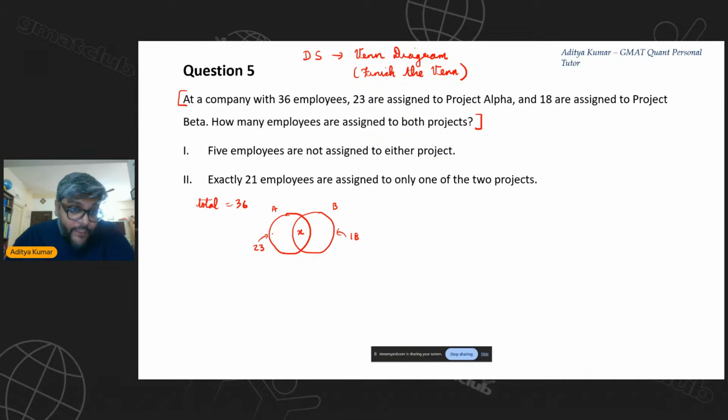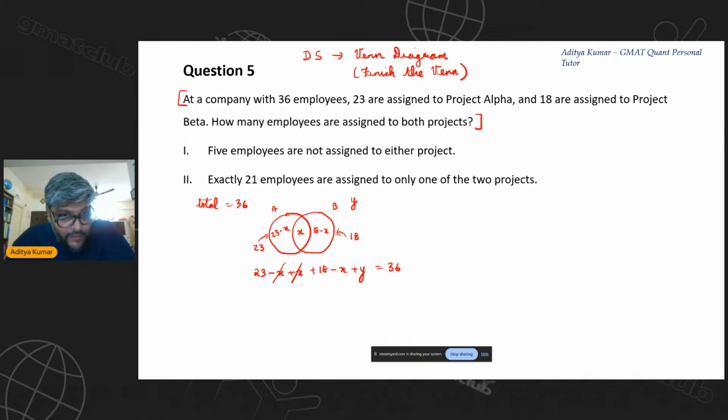So I would prefer to finish the Venn here. So 23 minus X, this is 18 minus X, and that's Y. And I know I can create an equation out of this. You see, I've not gone into my statements yet, because I want to set everything up. Because when I go to my statements, it's just going to be simple translations. So I know 23 minus X plus 18 minus X plus Y is equal to 36.